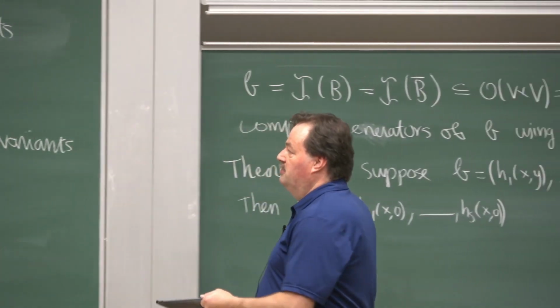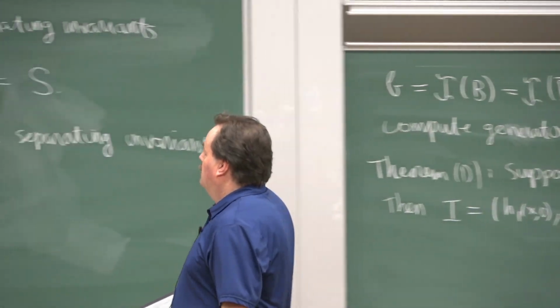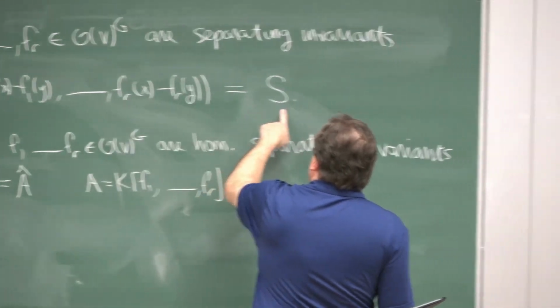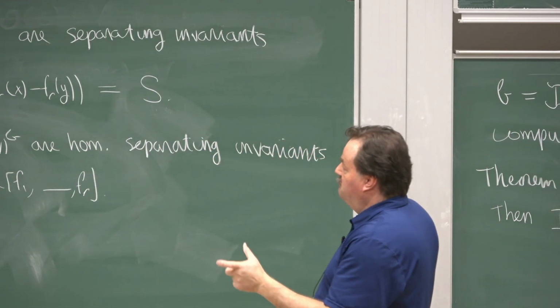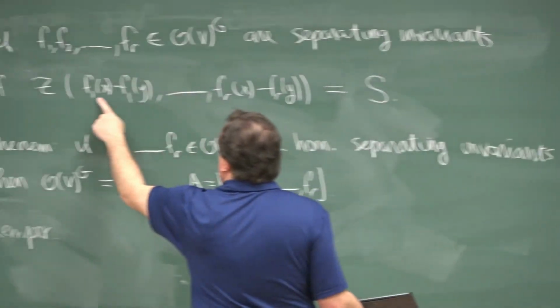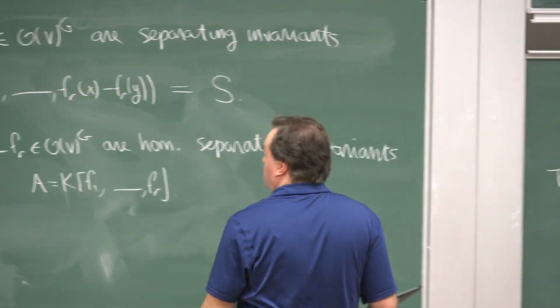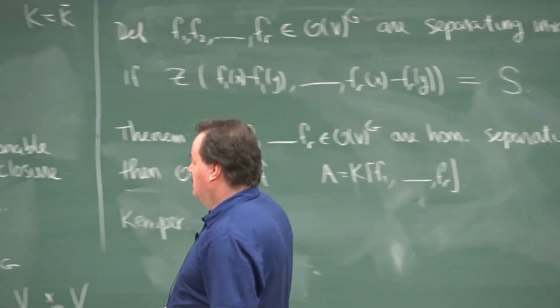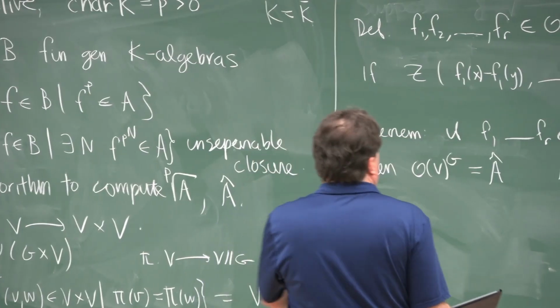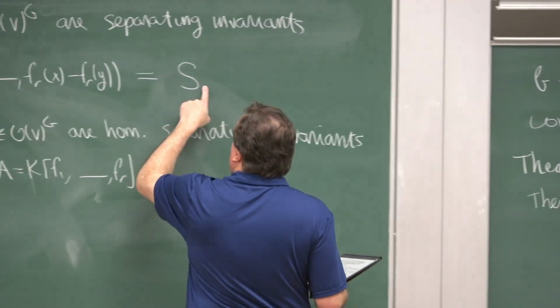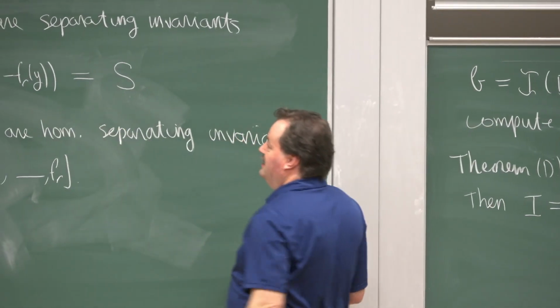Okay, so what does that mean? This zero set has to be the same as the zero set. So we have two ideals: the ideal generated by these elements, and the ideal that defines this. Oh yeah, sorry. I have to explain how to find an ideal that defines S.